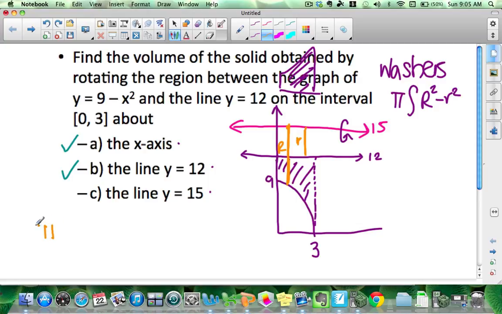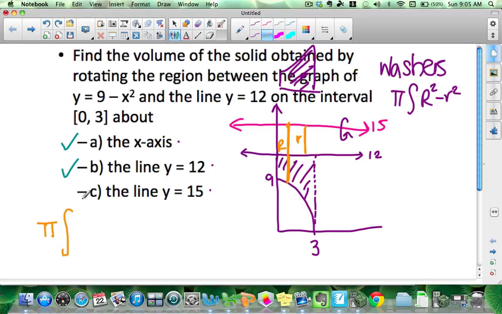I have pi times the integral from 0 to 3 of, I need lots of parentheses here, big R, top minus bottom. What's the top of R? 15. Minus the bottom of R, which is my quadratic, 9 minus x squared. These parentheses are important, guys.